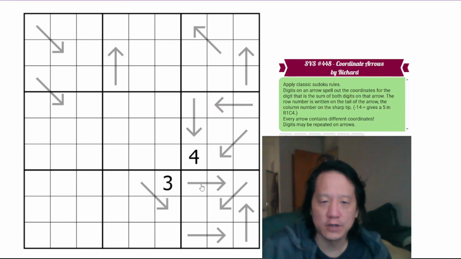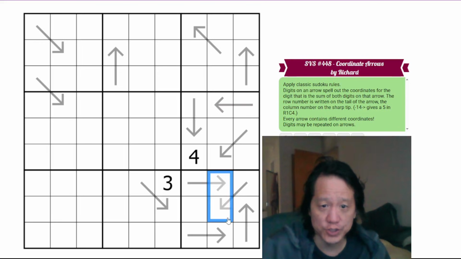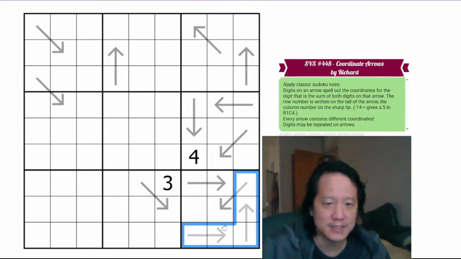Let's go. So on Coordinate Arrows, you can never have a 9, right? Because 9 plus another digit in normal Sudoku is at least 10, which is not going to be a digit. So in box 9, we have 4 arrows all being in the same box.